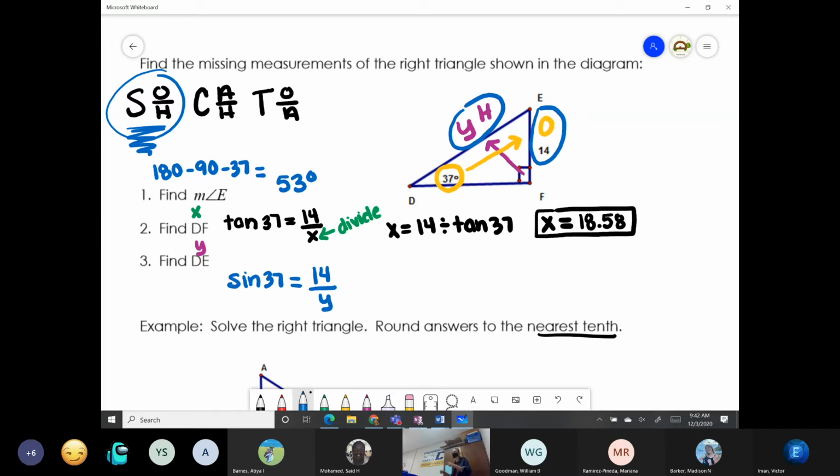And if the variable's in the bottom, we're going to divide. So y equals 14 divided by sine of 37. And that's going to be 23.6.